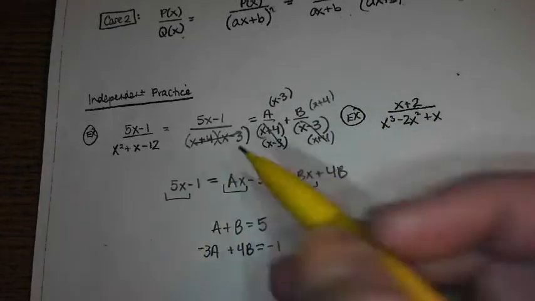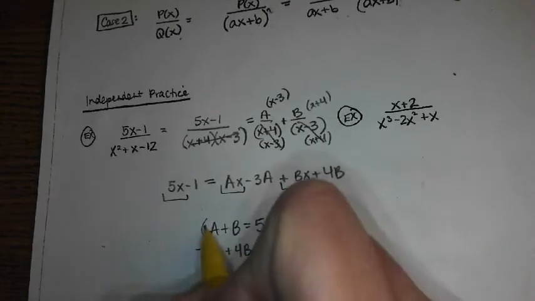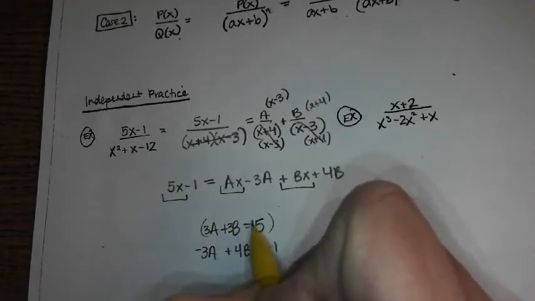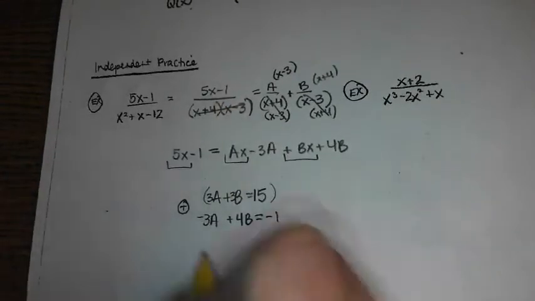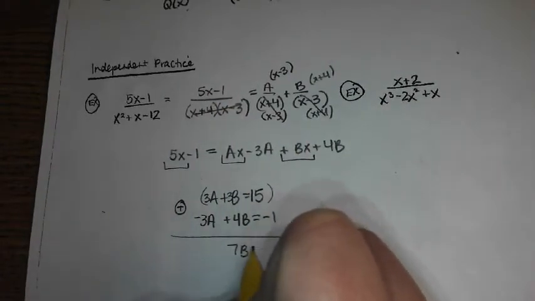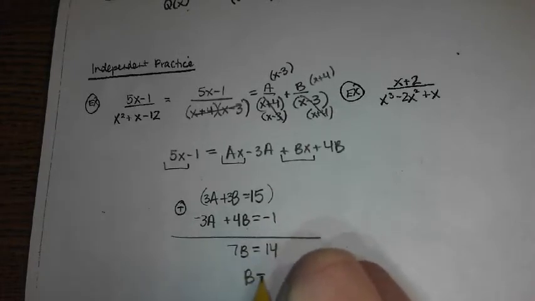Okay, so I'm going to solve by elimination. So I'm just going to throw a 3 in each of those. That'll make it a 15. That saved me some writing. Add. I'm going to get 7b equals 14. b equals 2.